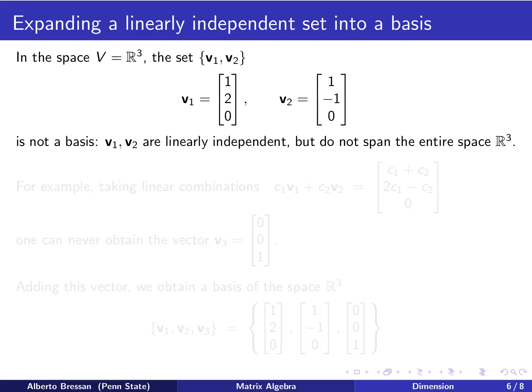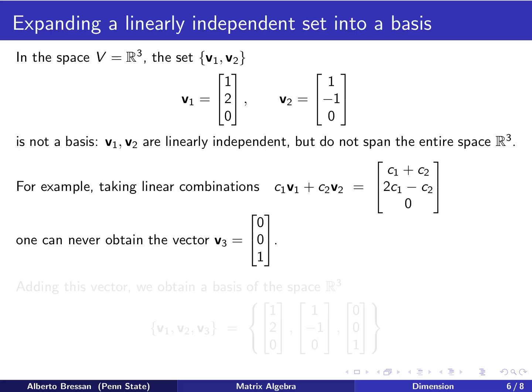To be specific, we have the space V, which is R3, and we are given two vectors V1, V2, like that. We can verify they're linearly independent, but it's not a basis. The reason is that even though they are linearly independent, the span of V1, V2 does not cover the entire space R3.